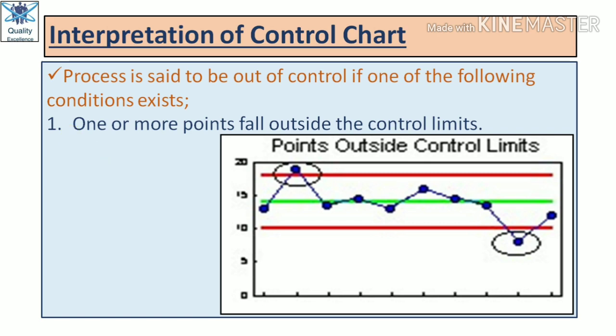So the first condition is one or more points fall outside the control limits. You can see here, this point is outside upper control limit, and this point is below lower control limit. So this condition is an out of control condition.